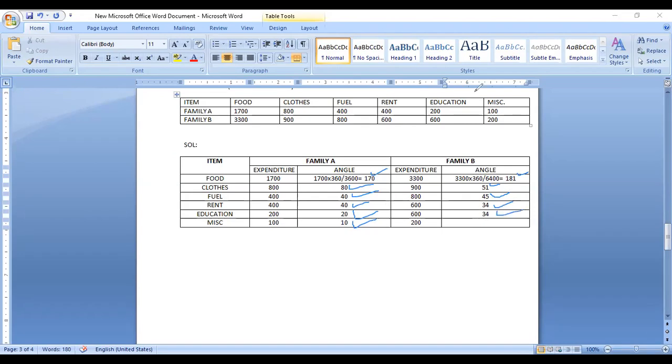So here at the end 15 will come. Okay, 181, 51, 45, 34, 34. Total 360 degrees will be there.